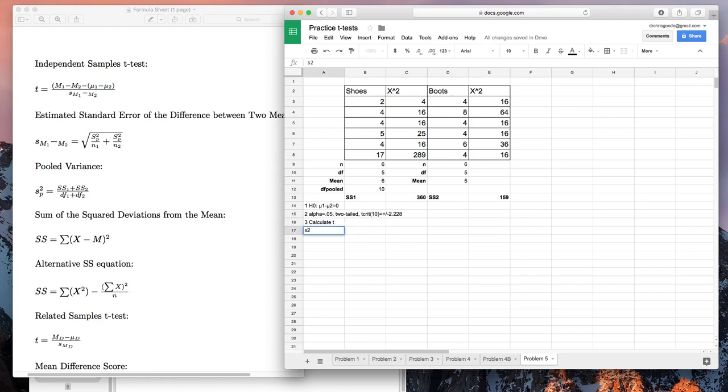And we can head to the pooled variance here. That's equal to sum of squares 1 plus sum of squares 2 divided by degrees of freedom 1 plus degrees of freedom 2. And that means we can now get the estimated standard error, which is the square root of first pooled variance over n1, then pooled variance over n2.